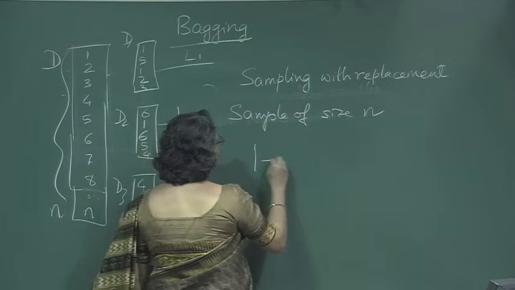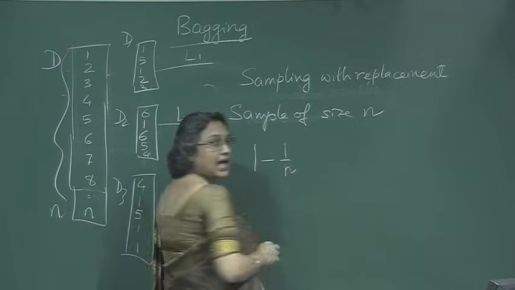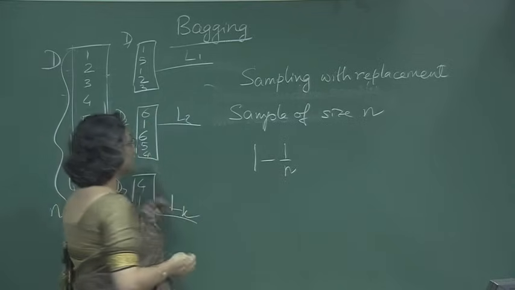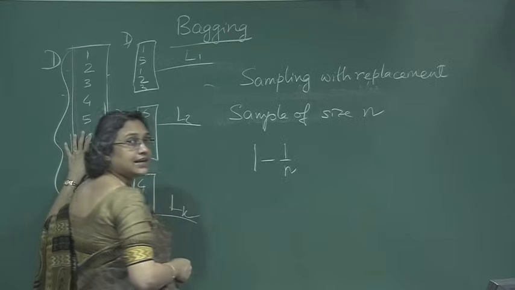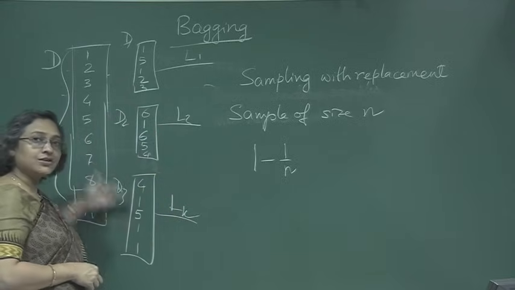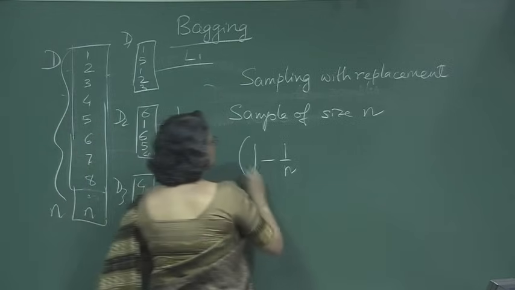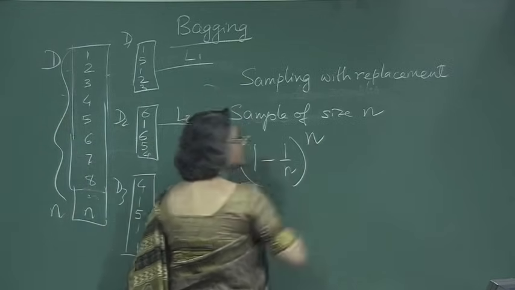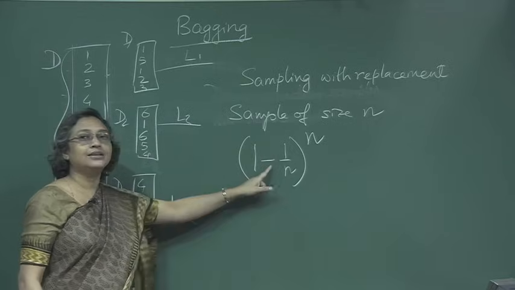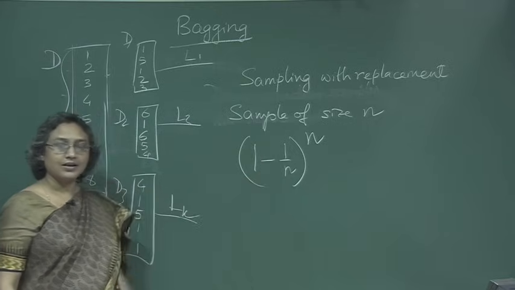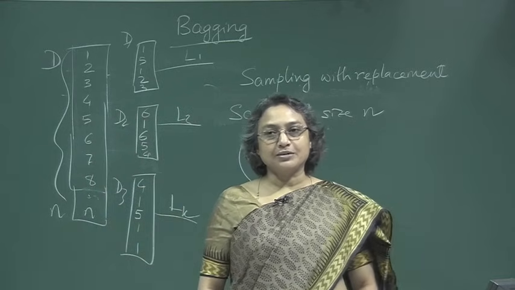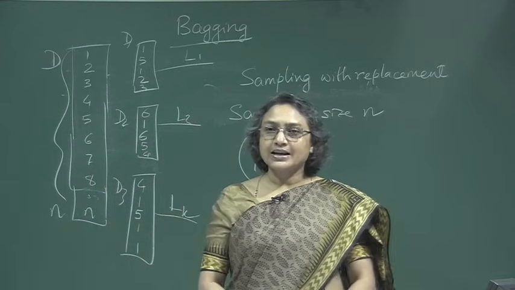It is 1 minus 1 by n. And if you do n such draws, so if this is size n, and each of the samples are also of size n, then this is the probability that a particular instance will get included in the sample.